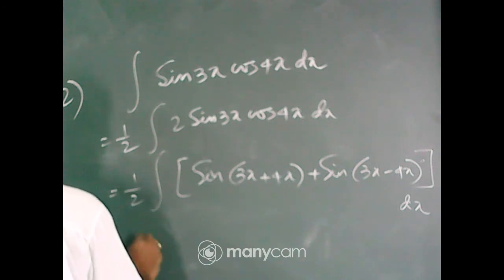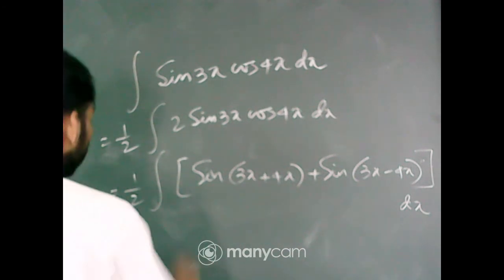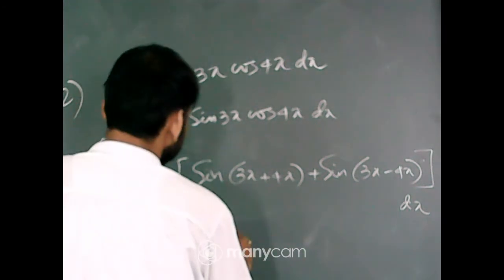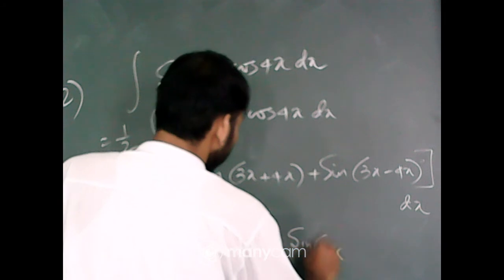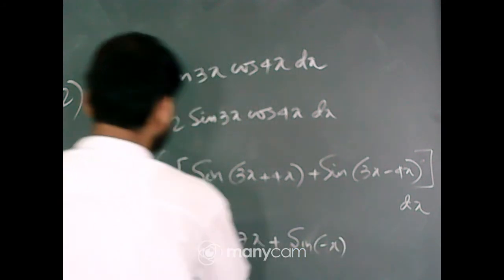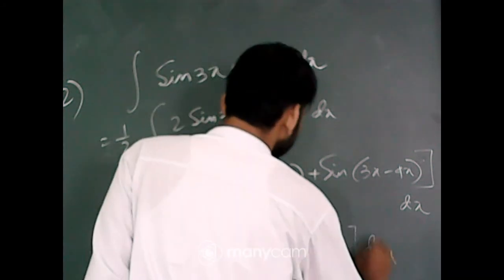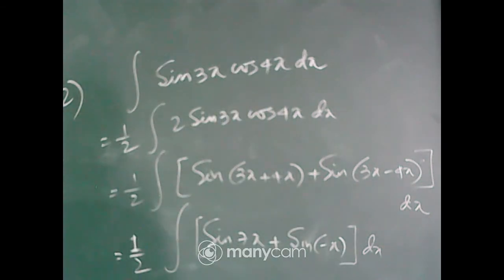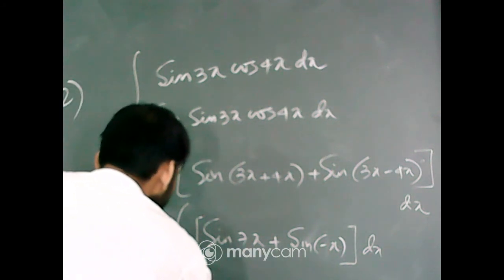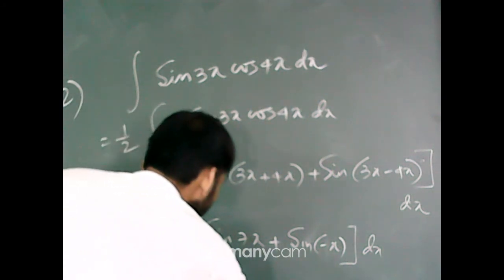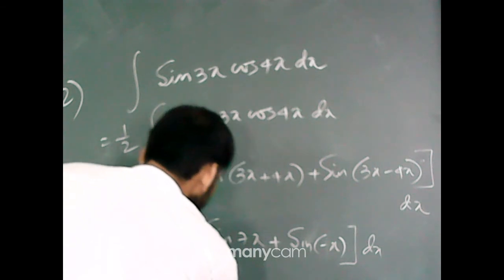So 1 by 2 integration sine 7x plus sine of minus x dx. You know that the minus will come out from the sine. Sine of minus x means minus sin x. So, half integration sin 7x minus sin x dx.